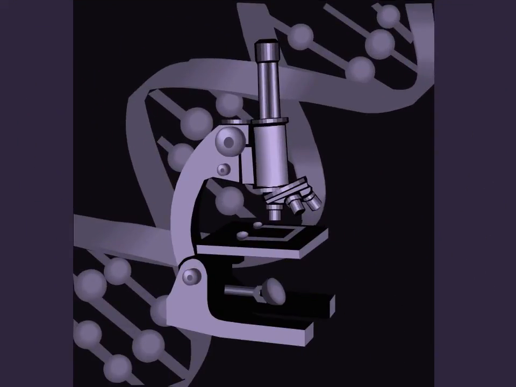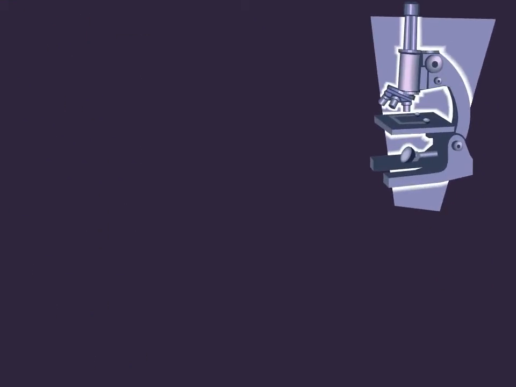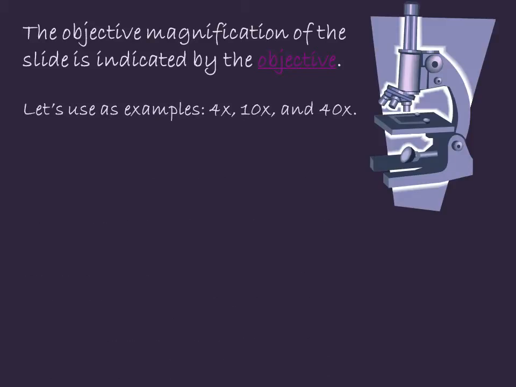Just for reference, this would be the objective lens. Some microscopes have 3, 4, or even more, depending on which microscope you're using. So for our purposes, let's use 4x objective, 10x objective, and 40x objectives.